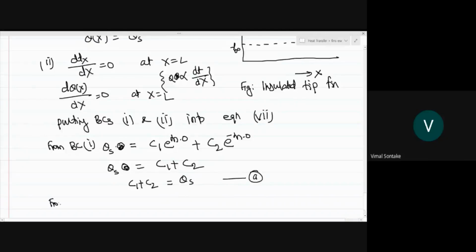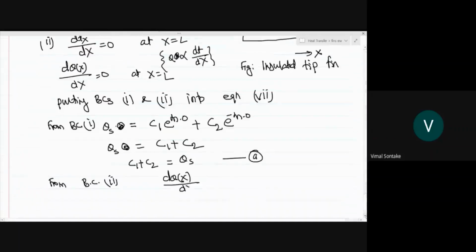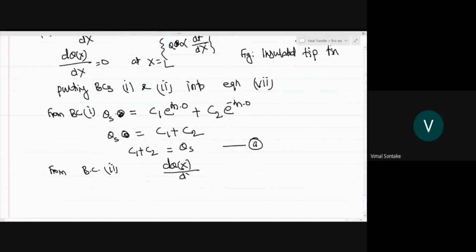Similarly, from boundary condition 2. Now what does boundary condition 2 say? d theta x over dx is equal to 0 at x equal to L. Got it?